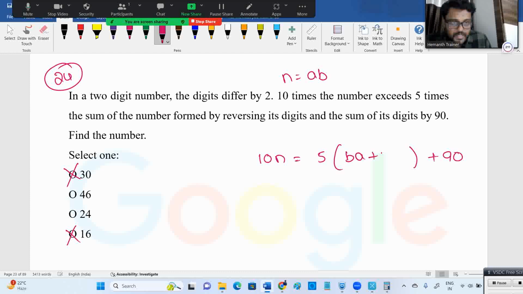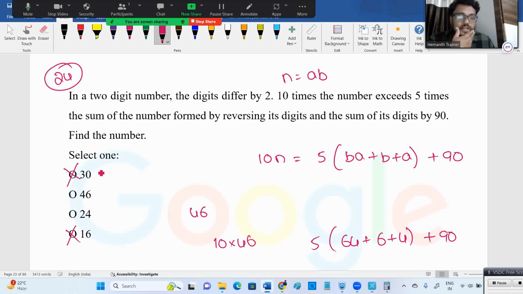BA plus B plus A plus 90 required. So I'll take this 46, let us say 10 times of that means 460. It should be 5 times of 64 plus 6 plus 4 plus 90. Is it satisfied? We'll check. This is 70, 350 and 90, 440 plus 20. Yes, 46 is satisfied.